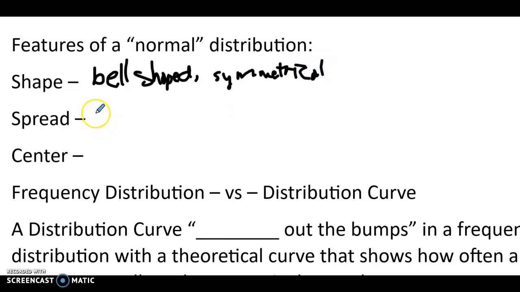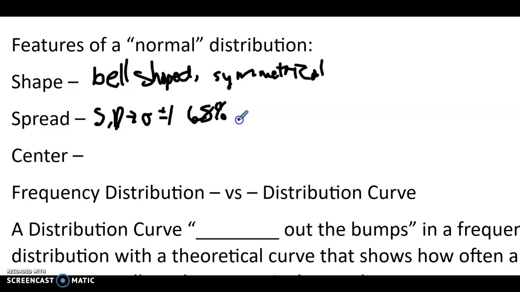The spread, and that's what we're looking at with the standard deviation, or sigma. And 1 standard deviation, plus or minus 1, is 68%.